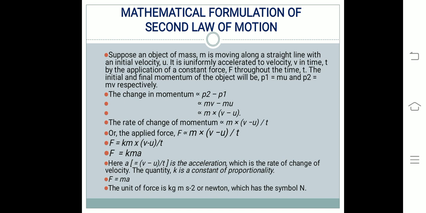So if the value of k is taken as 1, then F is equal to m into a. So this is the required expression of second law of motion, that is, force is equal to the product of mass of an object and its acceleration. The SI unit of force is kg meter per second square or Newton, and Newton has a symbol capital N.